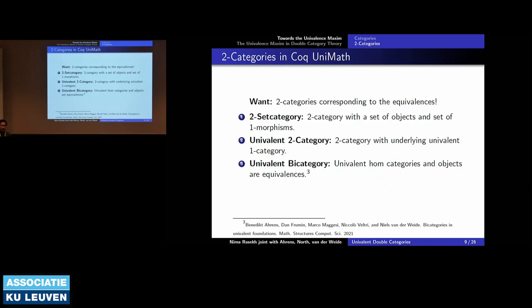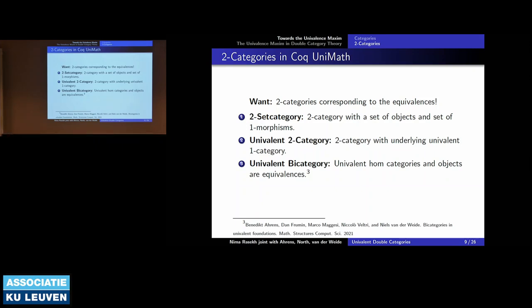If I make the underlying category univalent, then my equivalence will be exactly some kind of underlying equivalence. And then there's also a notion of a univalent bicategory. A univalent bicategory has objects that are the equivalences, and every one of the Hom categories will be univalent. That is exactly, has kind of biequivalences built into the structure.